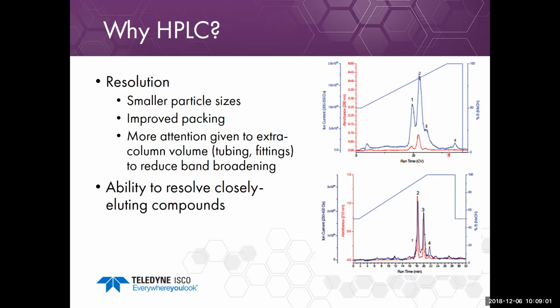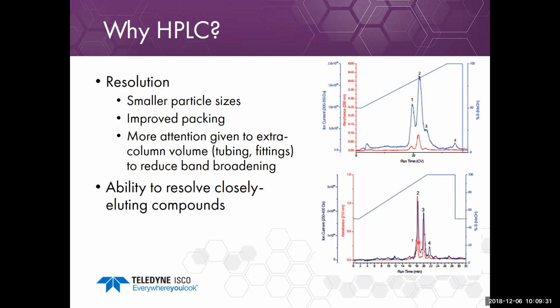That gives us the ability to resolve closely eluting compounds. So on top is a mixture of capsaicins, a natural product. It was run on a flash chromatography system. And you can see that I could resolve 3 peaks very reasonably well, but they don't have baseline resolution. The same mixture run on an EasyPrep, I can get nearly baseline resolution, and I can see additional compounds.